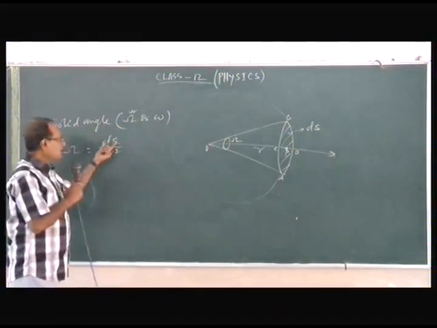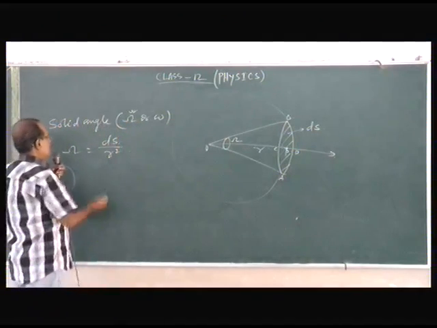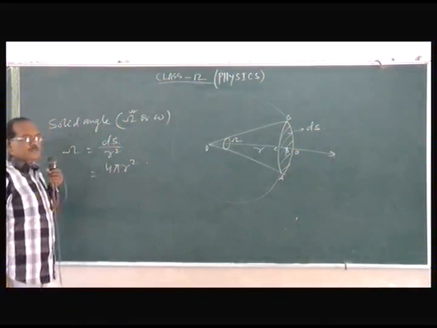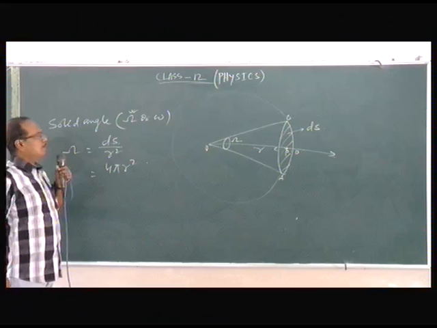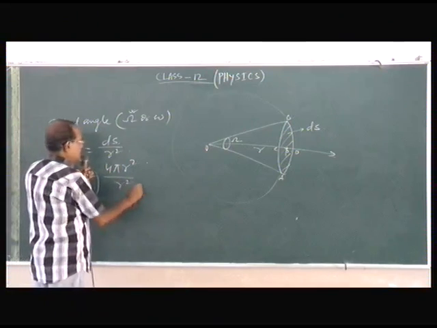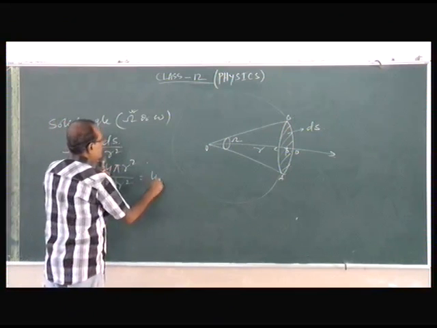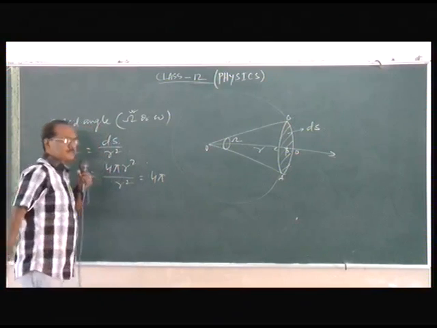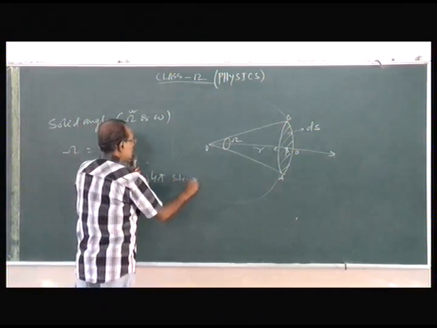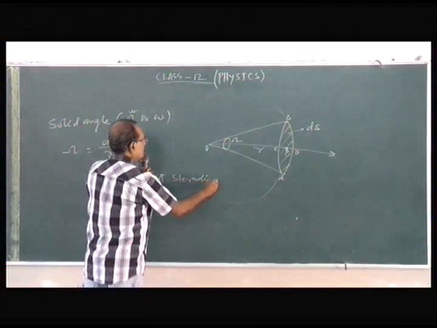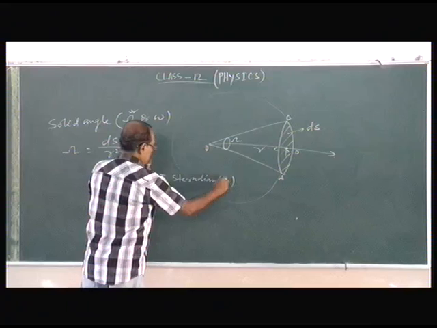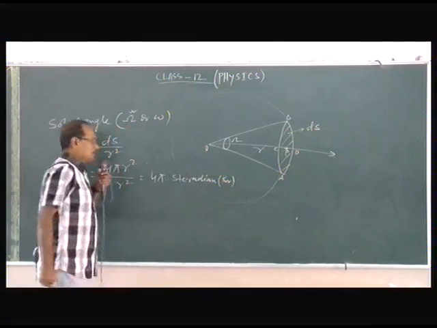Then ds will be 4 pi r square, the total surface area of a sphere, by r square, that is equal to 4 pi. The unit of solid angle is steradian.